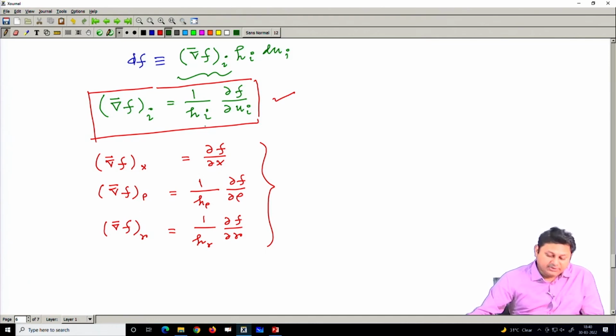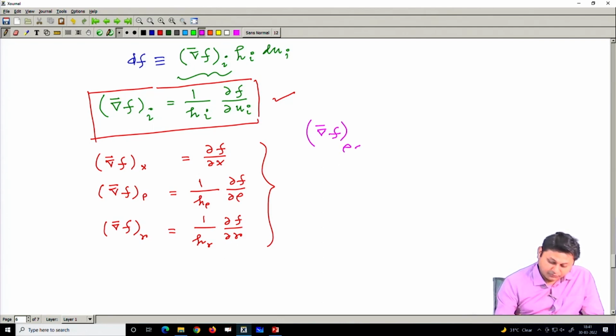So, I have already figured out the h values for the cylindrical coordinate system. If I use these values, what will we get? Calculating in the cylindrical coordinate system rho, phi, z, the scaling factors are now known.